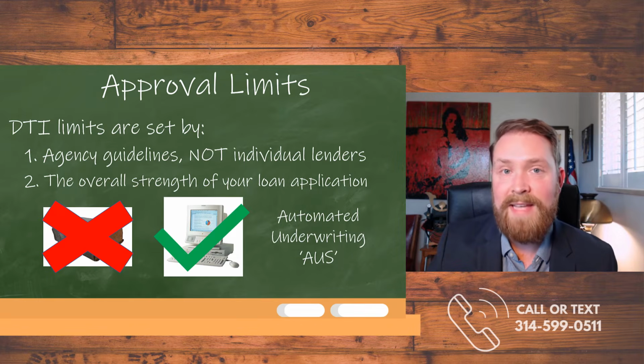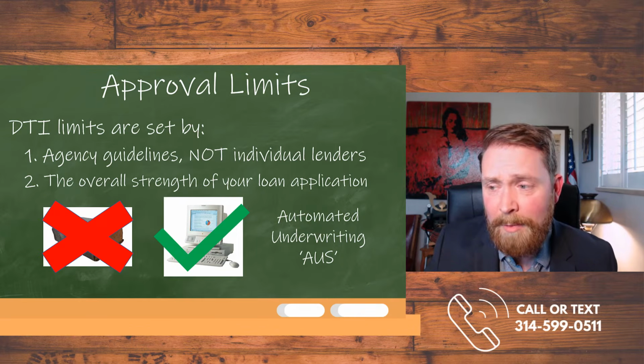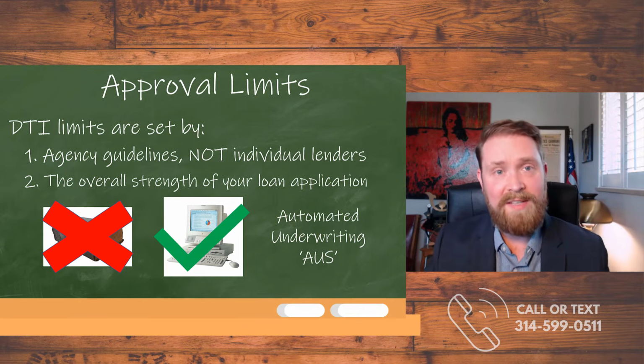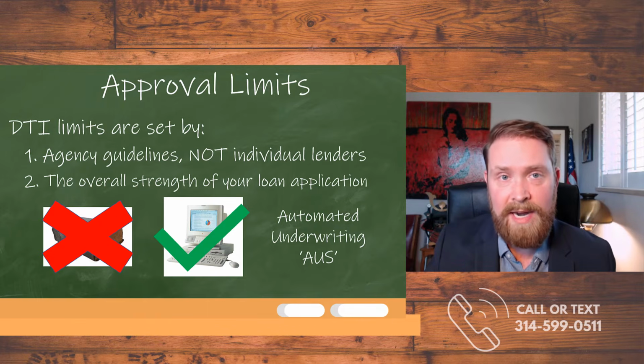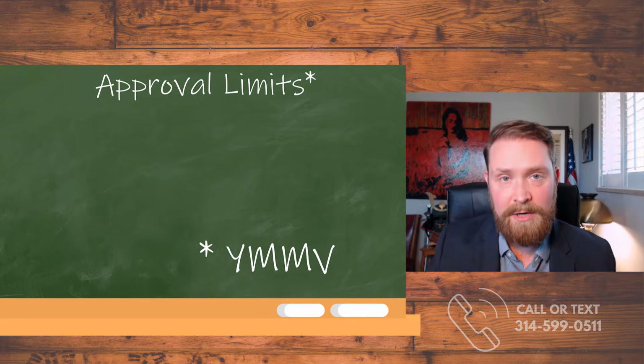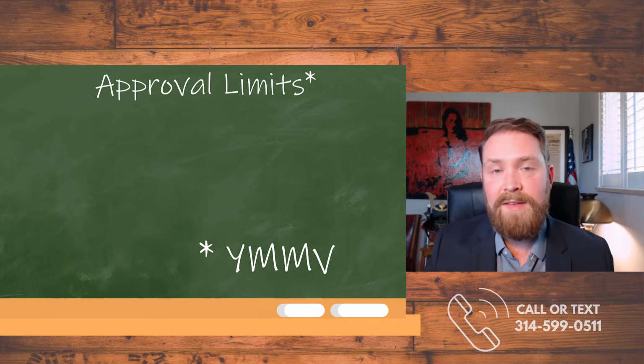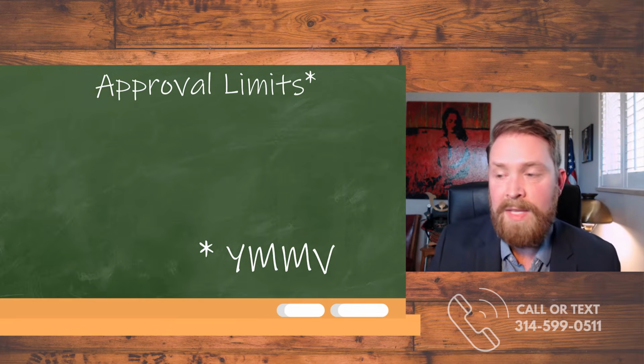So again, the AUS findings are going to tell you what your maximum approval limits are. The problem is there is not really a consumer-facing option to run an automated underwriting evaluation. So what I've come up with are some general limits based on my 15 years of experience. Now, these limits change from time to time.